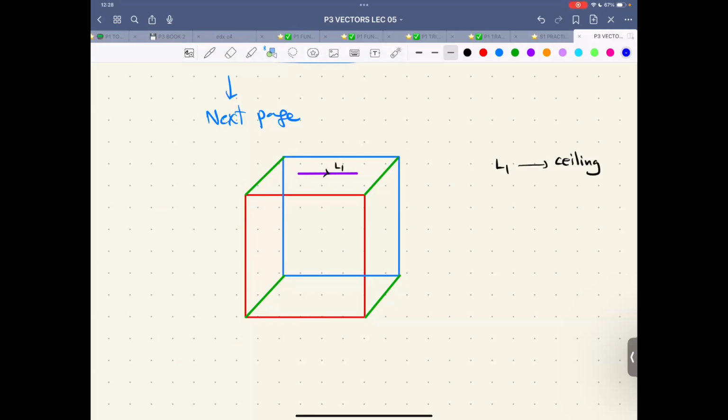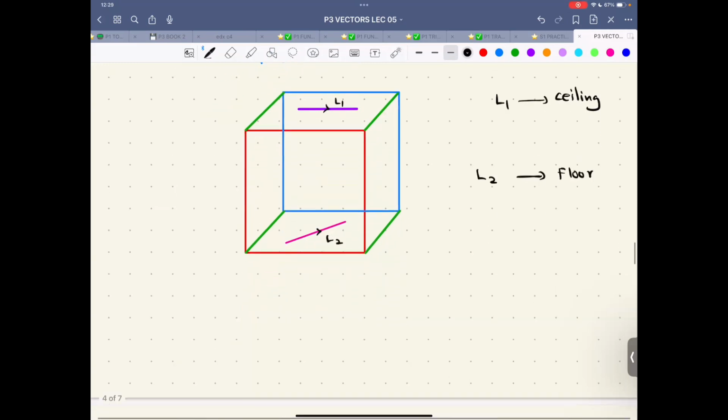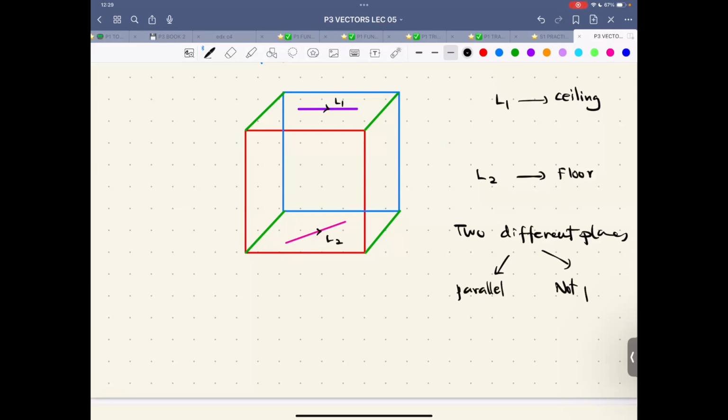Let me choose a color and draw another line over here. That is line 2. So L2 is on the floor. Two different surfaces, two different planes. It doesn't make a difference, it could be parallel or not parallel.